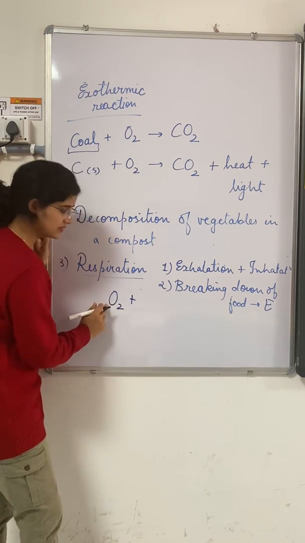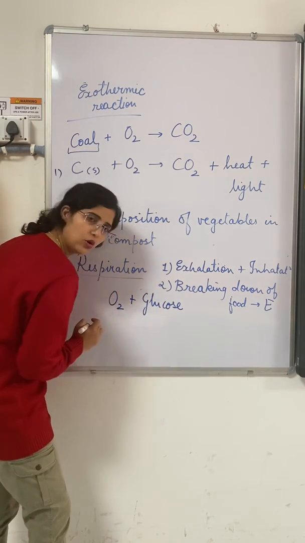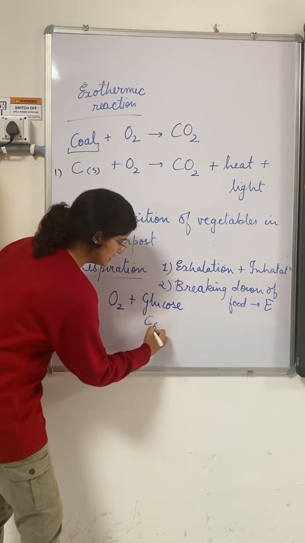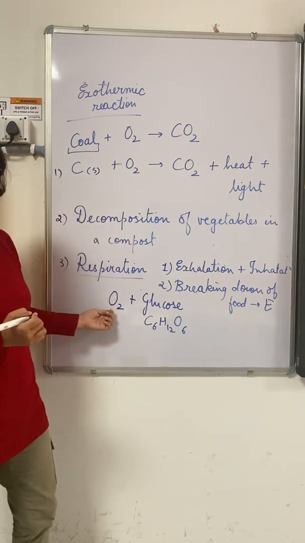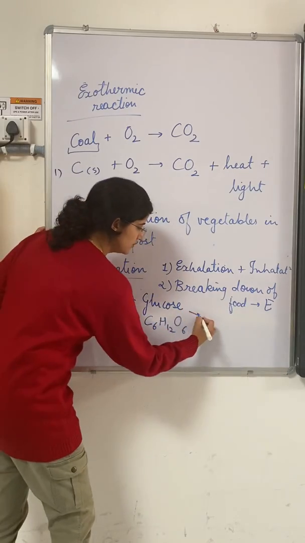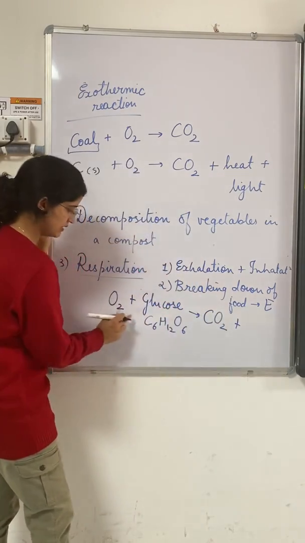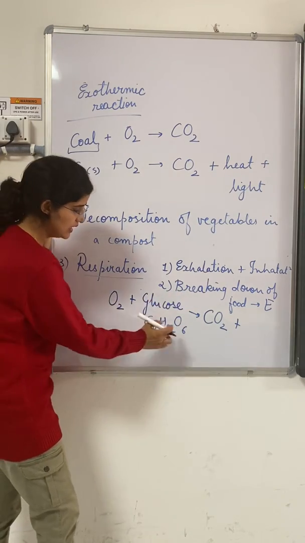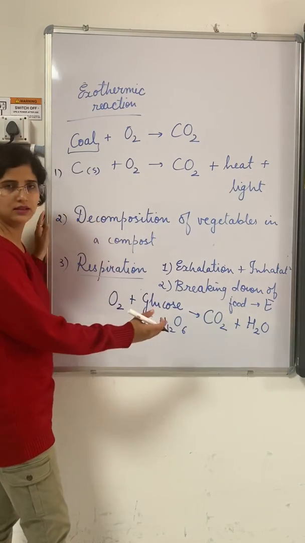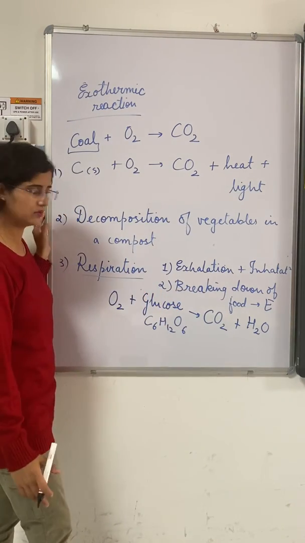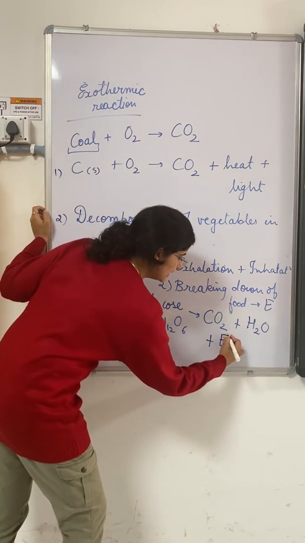So when oxygen reacts with glucose, C6H12O6, it will give you carbon dioxide, because carbon reacts with oxygen to give carbon dioxide. Hydrogen, when it reacts with oxygen, will produce water. Apart from this, it will give you energy.